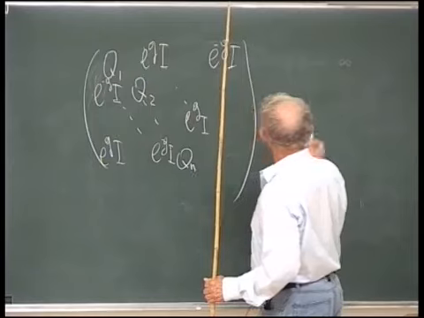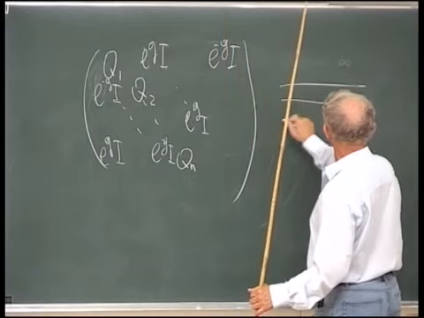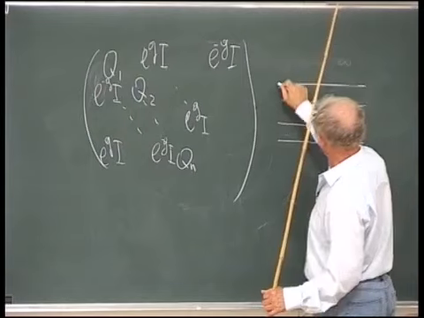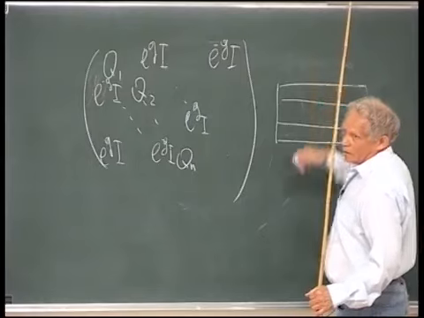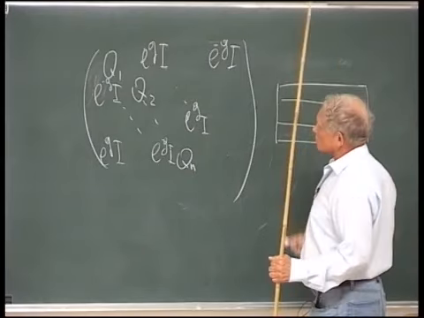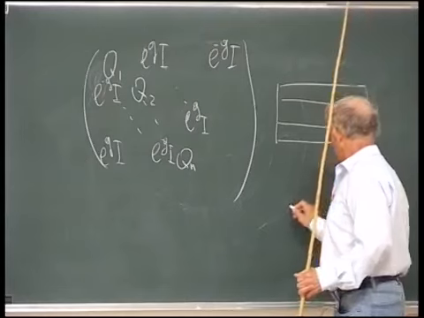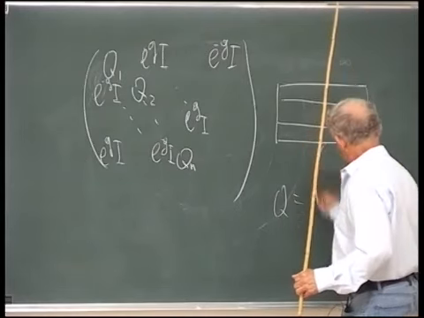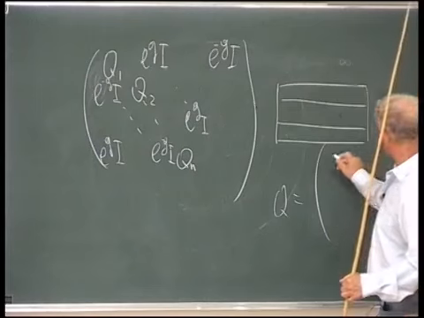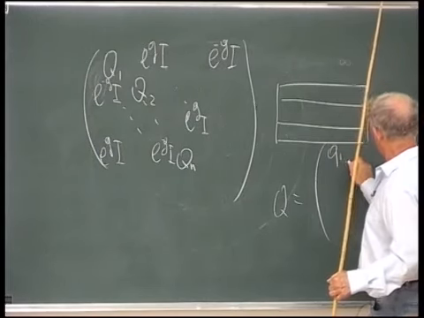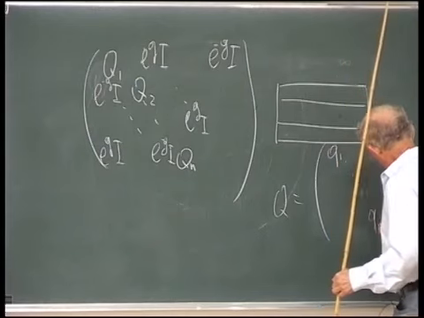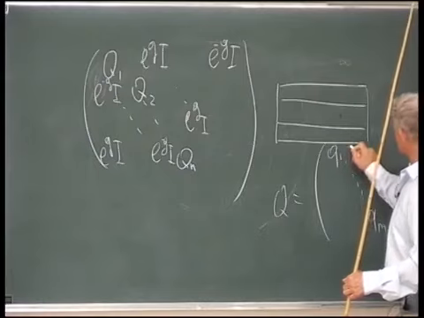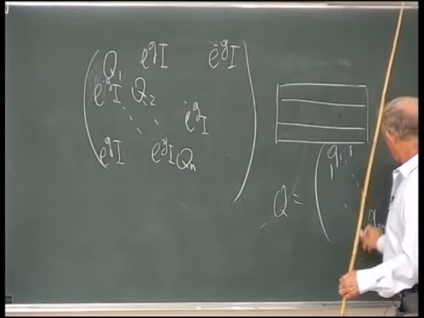In other words, I consider the model which is a strip with periodic boundary conditions. And what is Q? I should explain what is Q here. Q is just a usual Q1 and so on, Qm, if the strip is of width M, 1, 1, 1, 1.